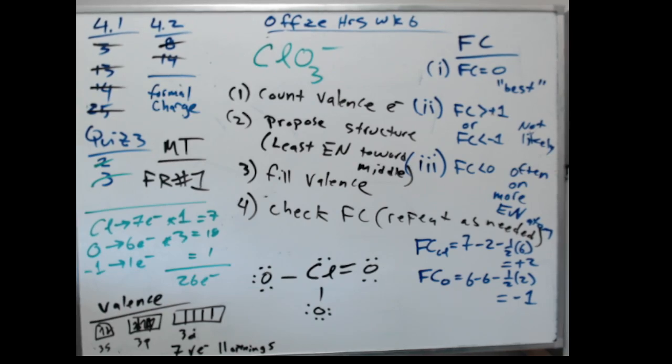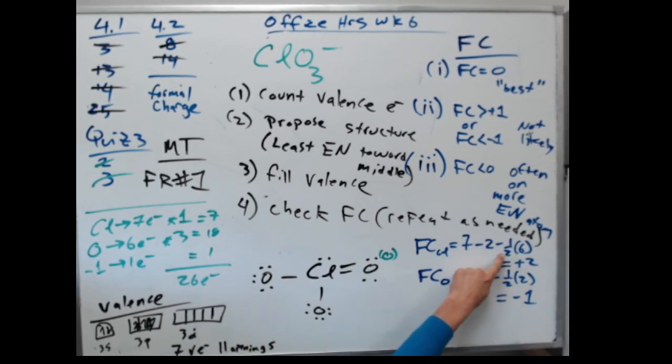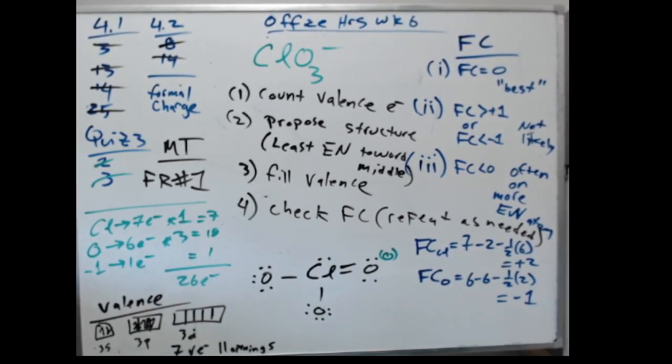Now what I've done is I've forced this oxygen down to a 0, right? Because it's one of my nice pieces, 2 bonds, 2 lone pairs. And on chlorine, all that's changed is that 6 has gone up to an 8. So that +2 is going to become a +1 instead. So adding a double bond there has made chlorine closer to a good structure.